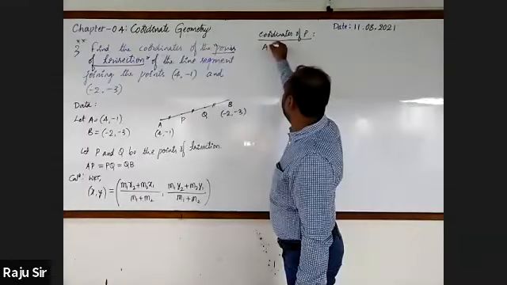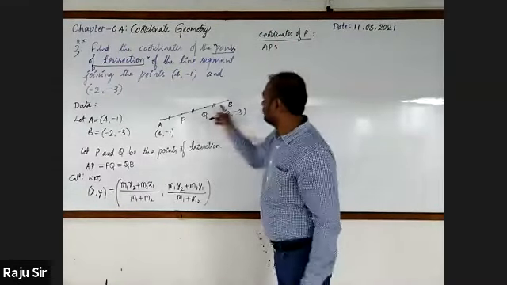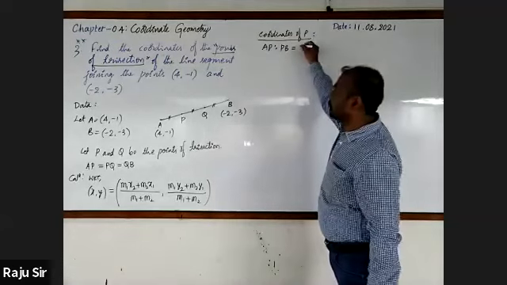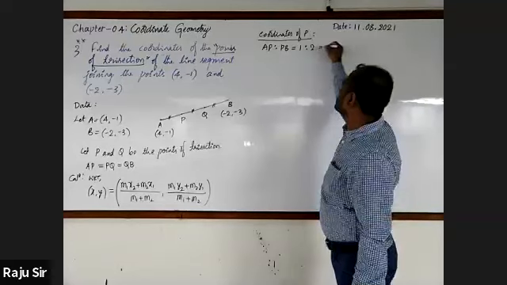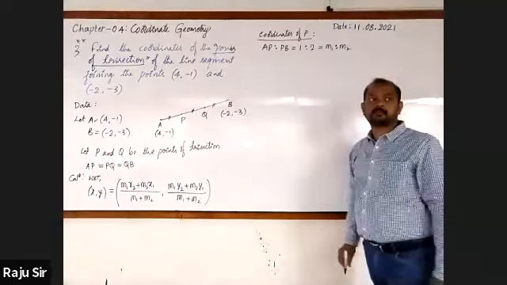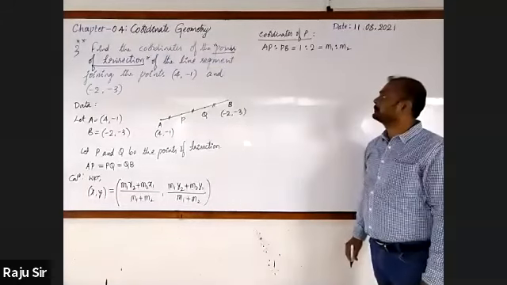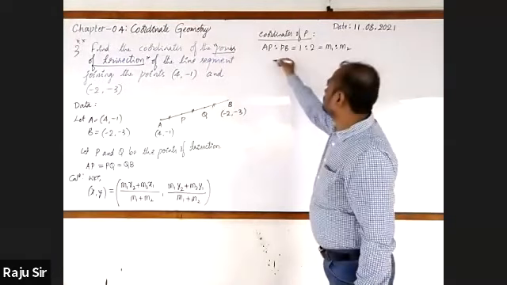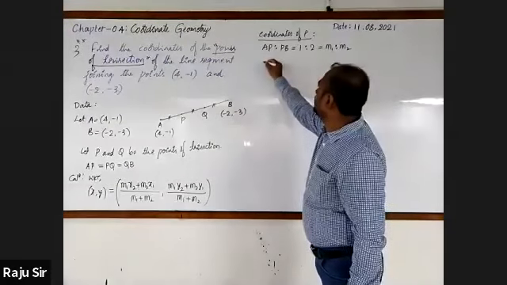Here I'll write AP is to PB. It is equal to 1 is to 2, which is nothing but m1 is to m2. Let us find out coordinates of P.